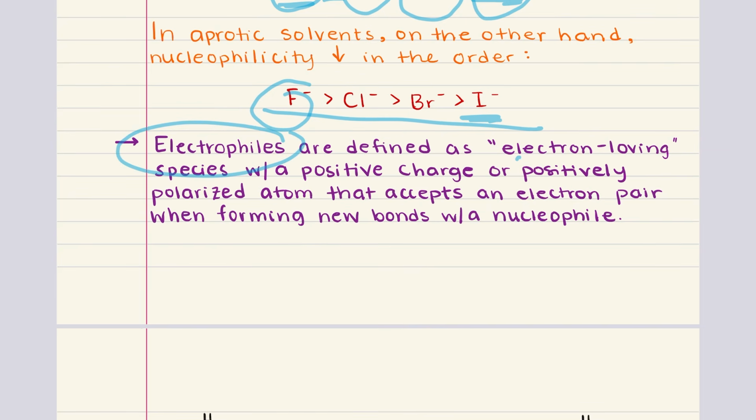Electrophiles are electron-loving species that either have a full positive charge or a partial positive charge, and that makes them highly reactive toward nucleophiles that donate electron density.